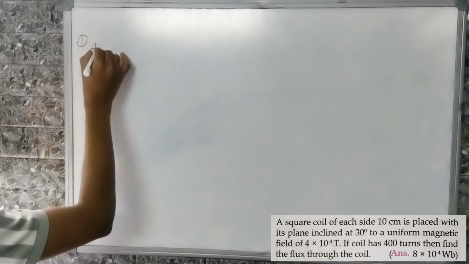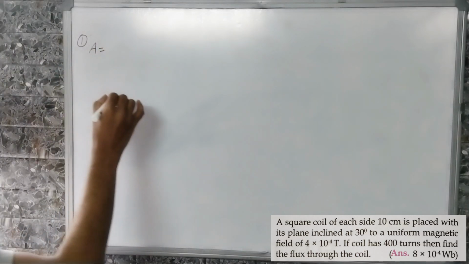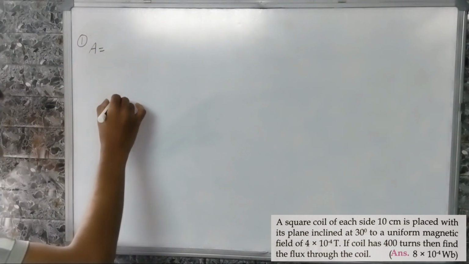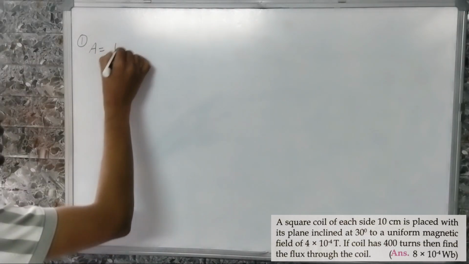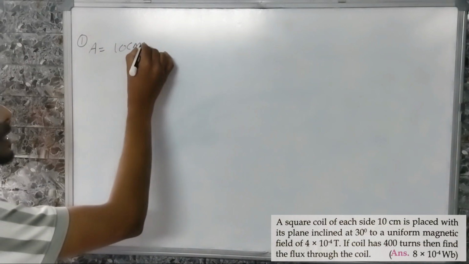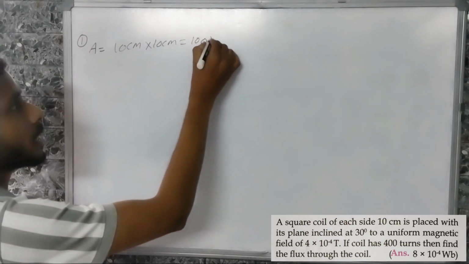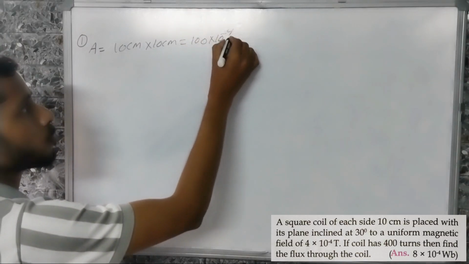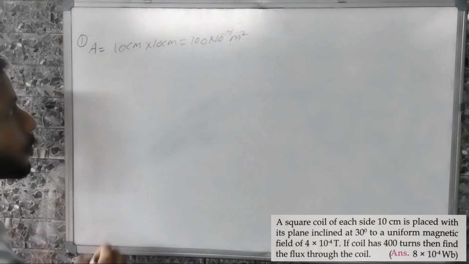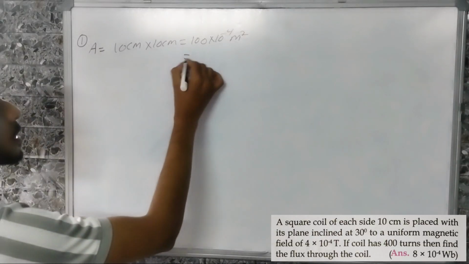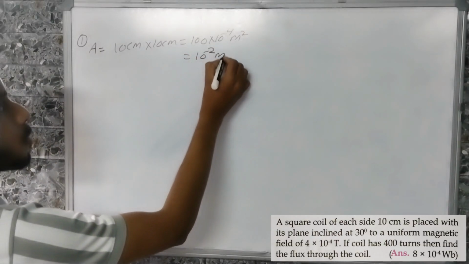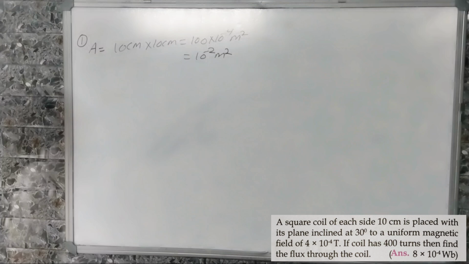of a side, square coil, each of side 10 centimeter. So its area is 10 centimeter into 10 centimeter means 100 into 10 to the power minus 4 meter square means 10 to the power minus 2 meter square.